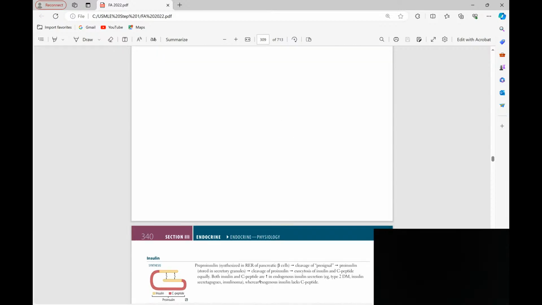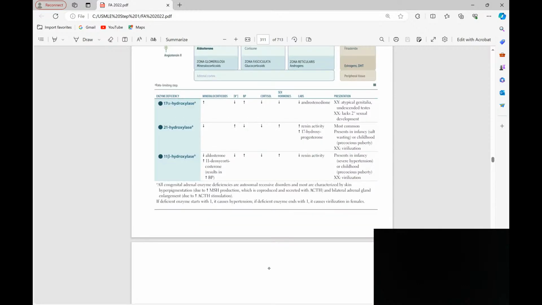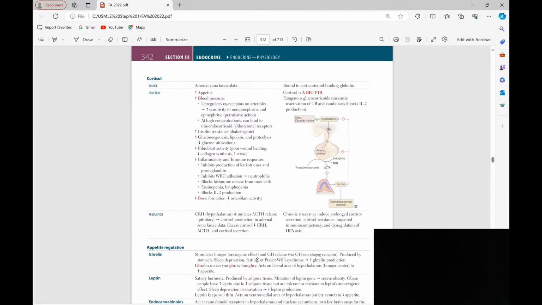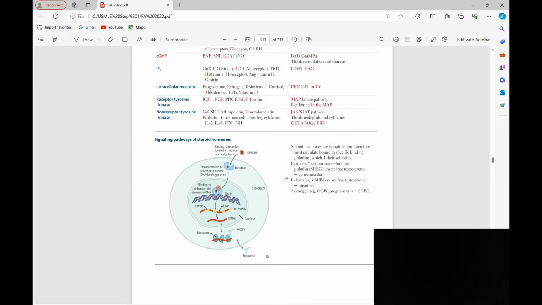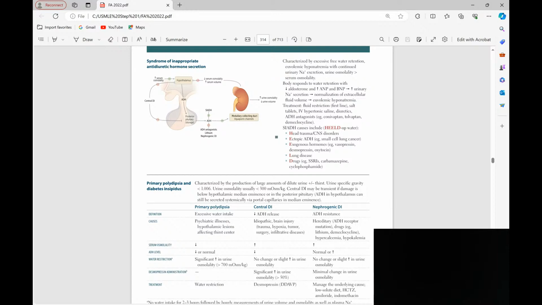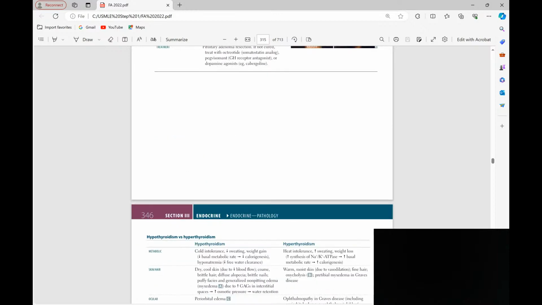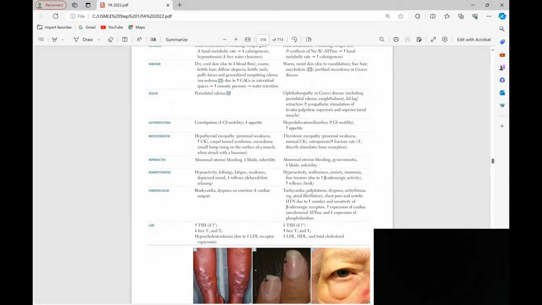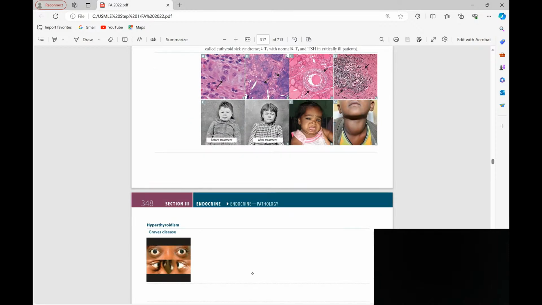So once we have completed the physiology of parathormone, I hope it is easy. Now we'll go with the pathology of parathormone. And this year in 2080, we had a question on parathyroid hormone, or let's say calcium homeostasis. It is slightly confusing, but I'll state the question over there.